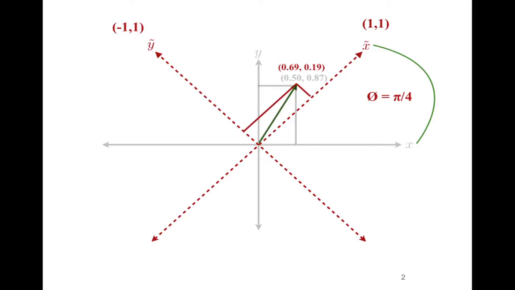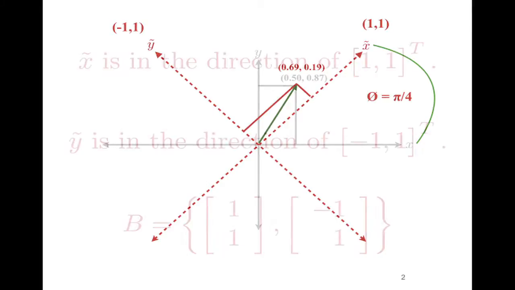Well, it turns out that that vector goes up the positive x tilde axis 0.69 units, and up the positive y tilde axis 0.19 units. And so in terms of x tilde and y tilde, the vector would be written as 0.69, 0.19.